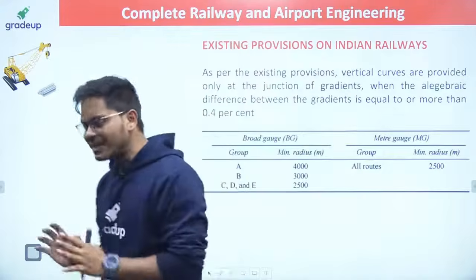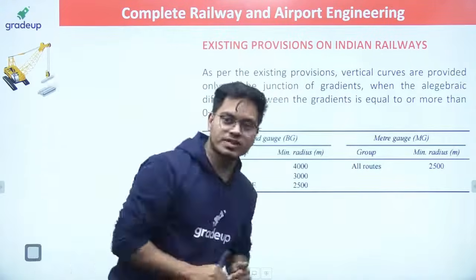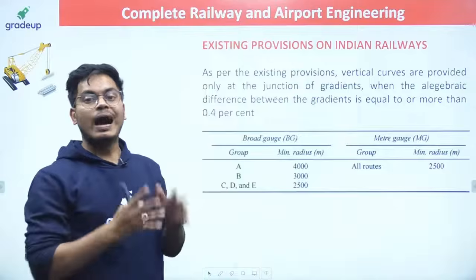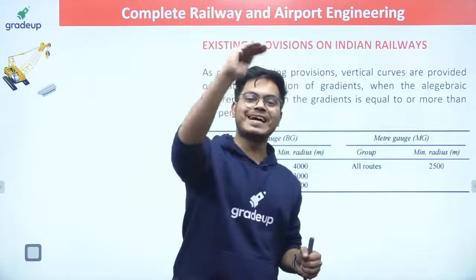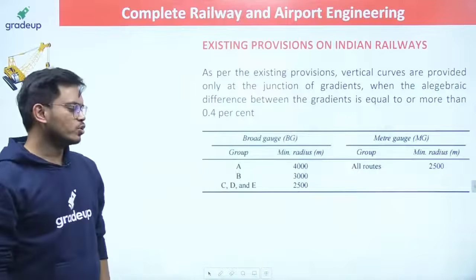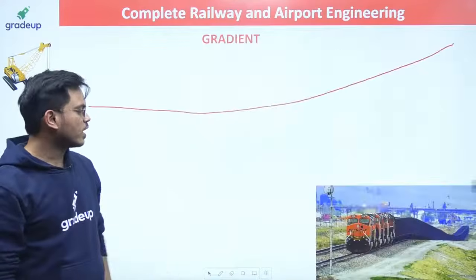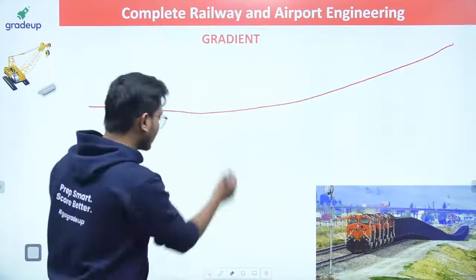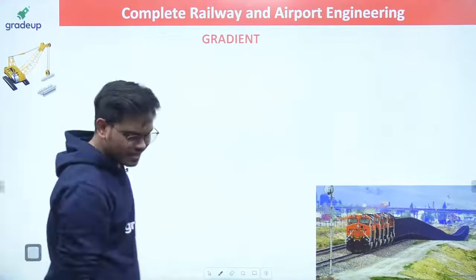Now in that case, to minimize the losses, what I am going to do? I am going to compensate the gradient. I will reduce the gradient, and when I will reduce the gradient, I have to provide the grade compensation. So everybody, please note this down.